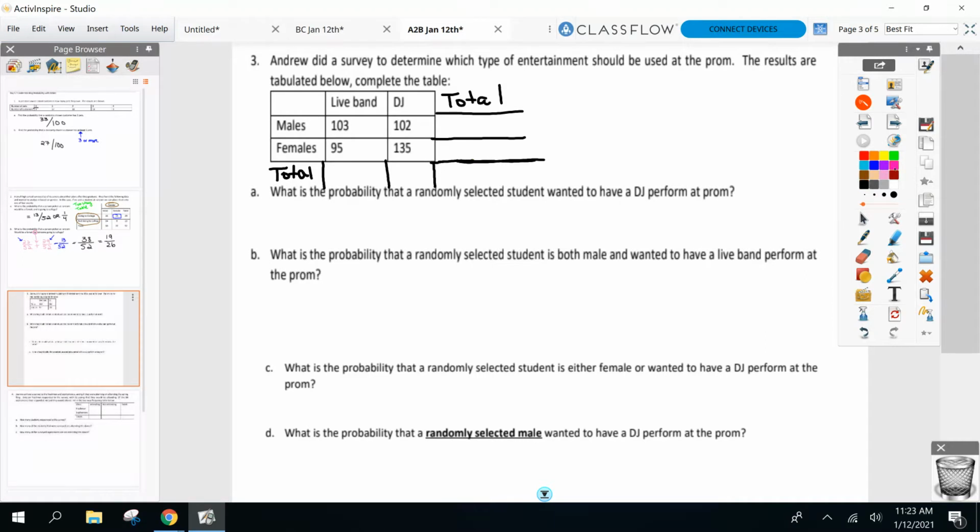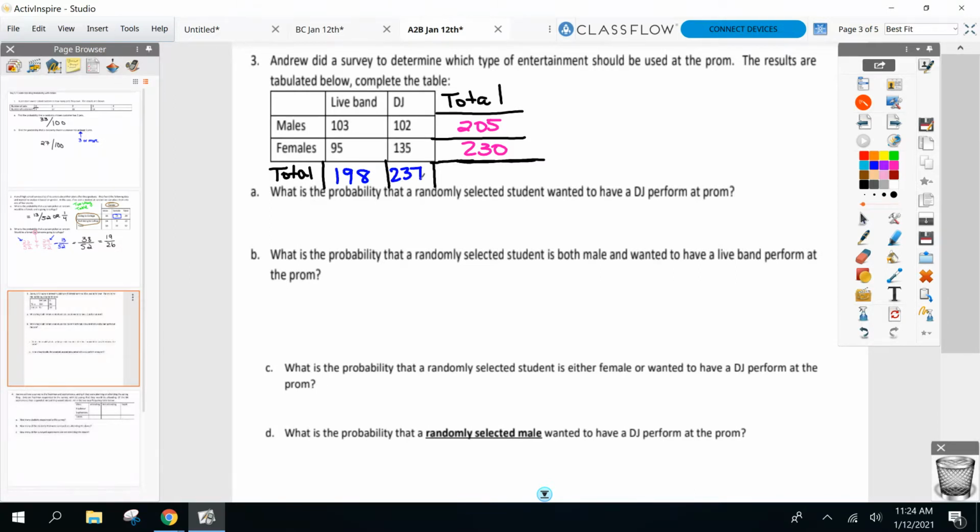All right, so go ahead. Looks like total number of males, I'm getting 205. Total number of females, I'm getting 230. Total people who want a live band, 198. And the total number of people who want a DJ, 237.